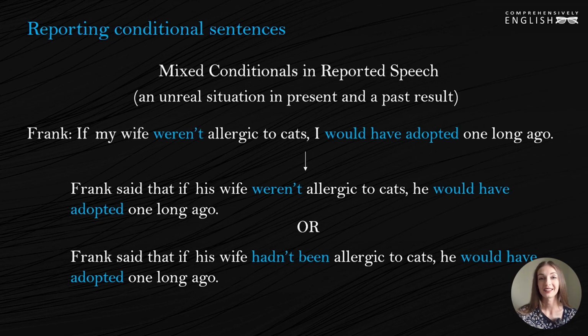Logically, we understand that the situation with his wife couldn't have changed, probably, yeah? She was and is and will be allergic to cats. So it's absolutely okay to leave the sentence unchanged in your reported speech. But it's also grammatically correct to change the past simple tense into the past perfect, if you wish.